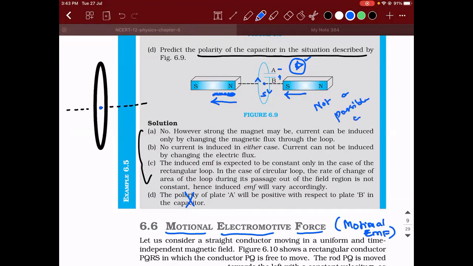Not a possible condition. Why? It is not a possible condition because both the sides will have south pole. When both the sides are south pole, who will decide the direction of current? Means when you see from both the sides, current should flow in the clockwise direction, which is obviously not possible.